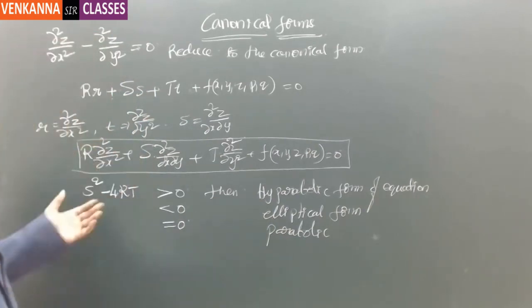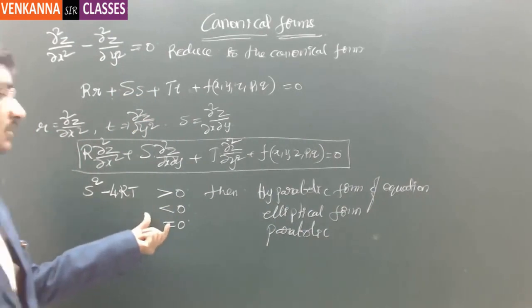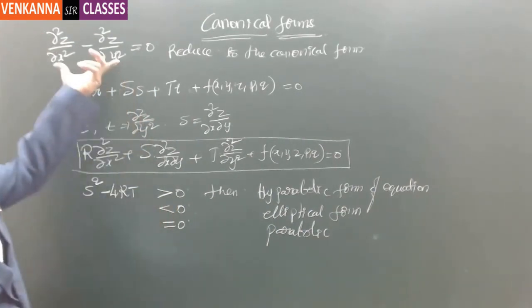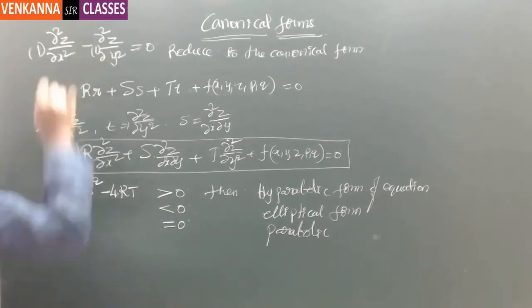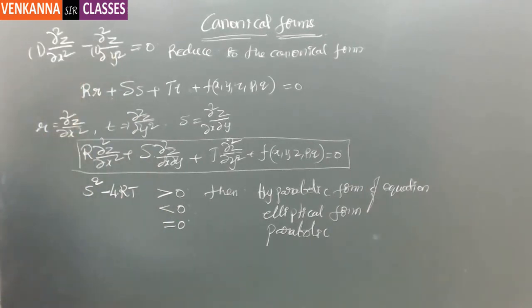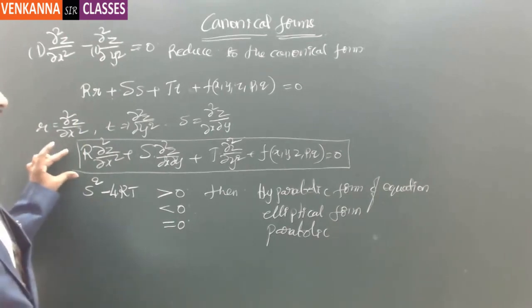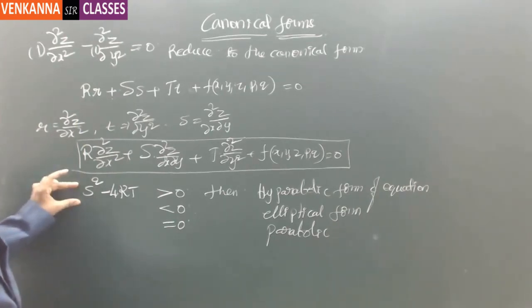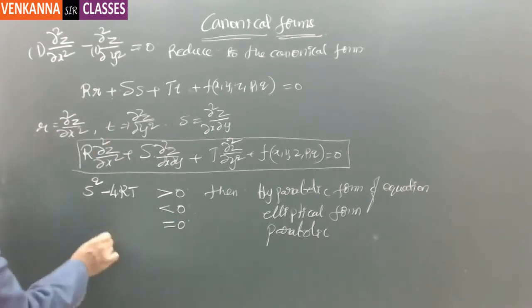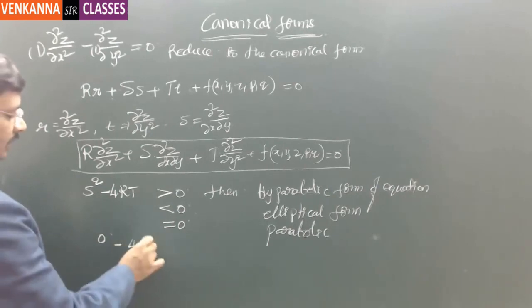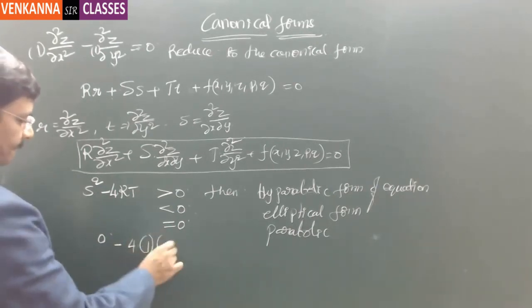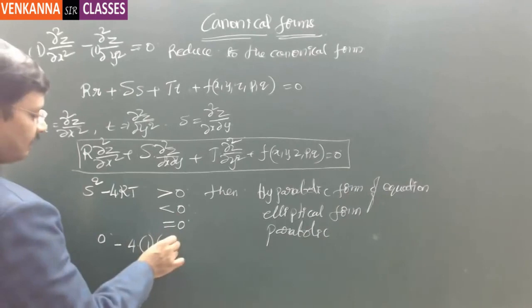Now for this equation, s square minus 4rt may be equal to 0, less than 0, or greater than 0. If you notice, s value is 0, r is 1 and t is minus 1.